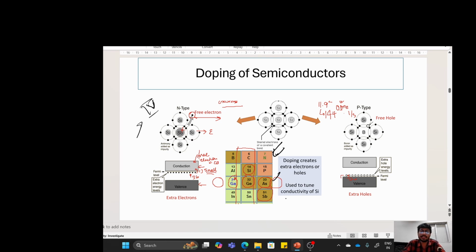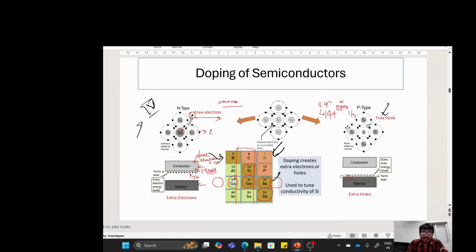If you dope it with third group elements like boron, aluminum, gallium, or indium, that gives you an absence of one electron, so you will find a hole, a positive type of carrier, which is the p type semiconductor.